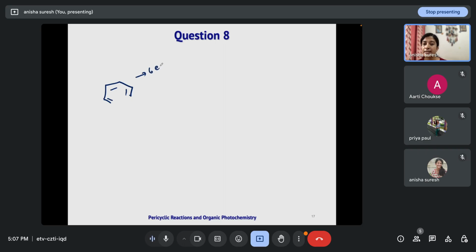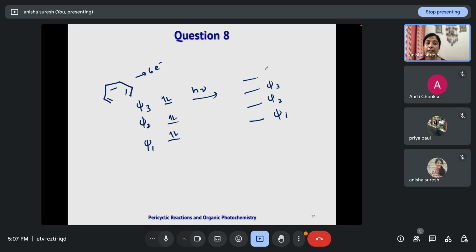It will be distributed in psi 1, psi 2 and psi 3, 2 to each. But upon photochemical irradiation, from psi 3, one of the electrons will get excited and go to psi 4. Okay, psi 1, psi 2, psi 3, psi 4. So now the electron distribution will be like this.